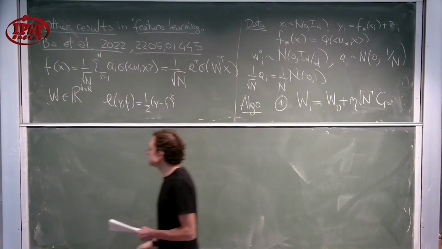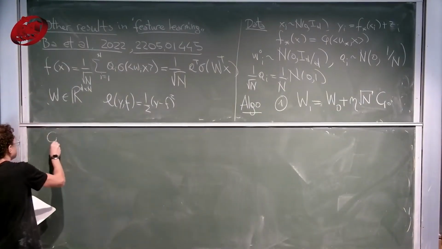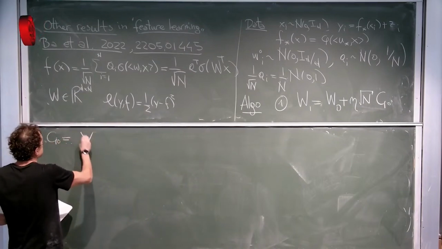They do one gradient descent step with respect to the first layer.